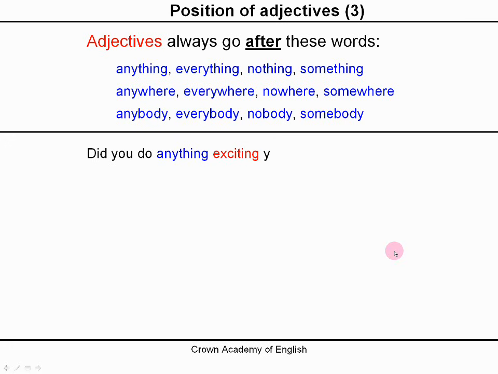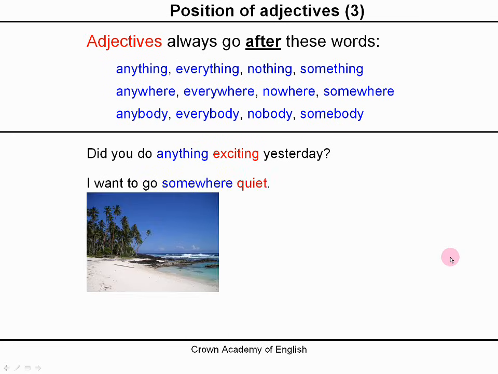Here are three examples. Did you do anything exciting yesterday? Anything exciting. So the adjective is after the word anything. I want to go somewhere quiet. Somewhere quiet. So the adjective is after the word somewhere.